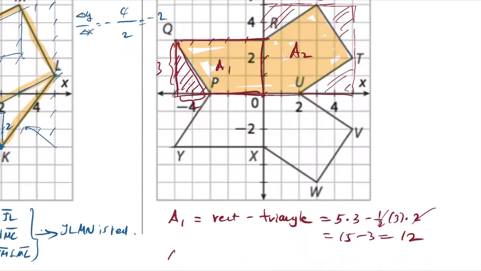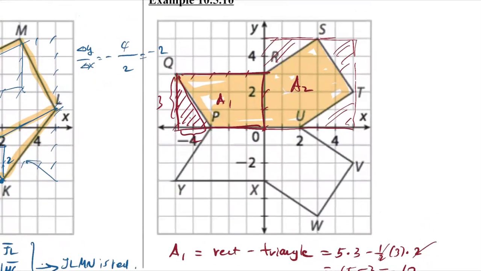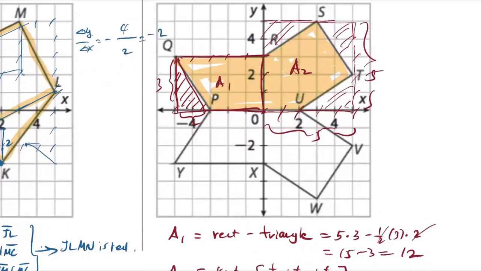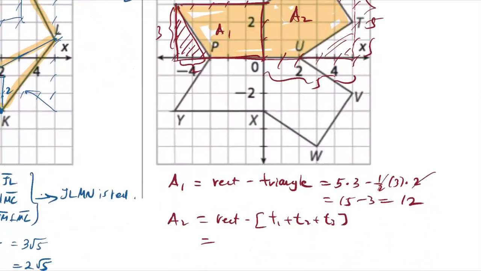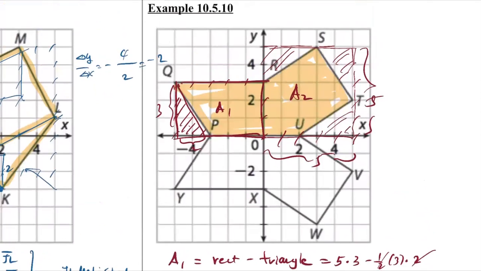So the area 2 is the large rectangle minus the 3 triangles, T1, T2, T3. All right. The large rectangle is 1, 2, 3, 4, 5. So that's 5 over here. 1, 2, 3, 4, 5. So that's 5 right there. So I'm going to plug it in. So that is 25.